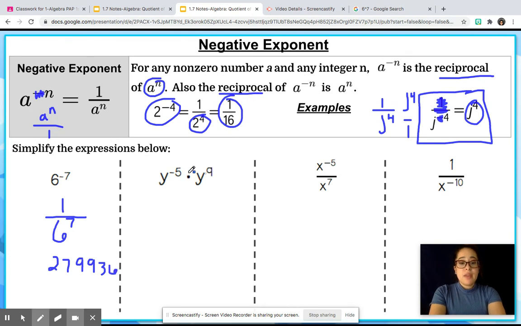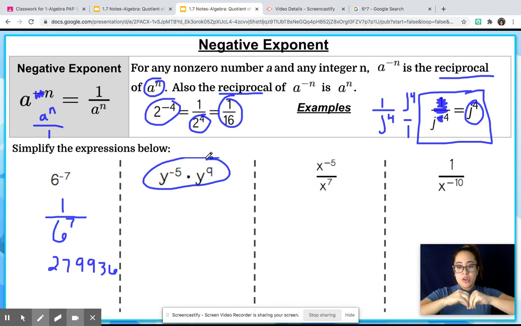Now here in this case, we have a product of powers. So we're going to embed what we learned yesterday into this expression. When we're multiplying two terms with the same base, all we do is add the exponents together. So 9 plus negative 5 is equivalent to 4.